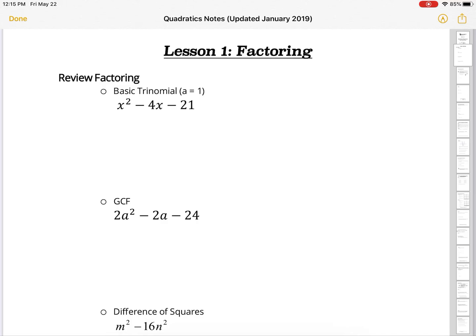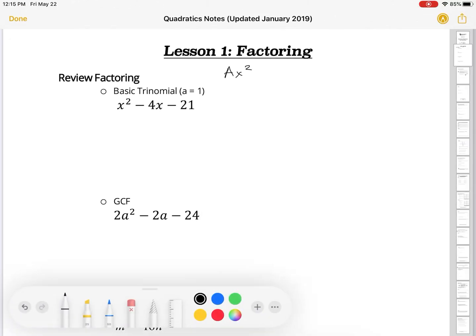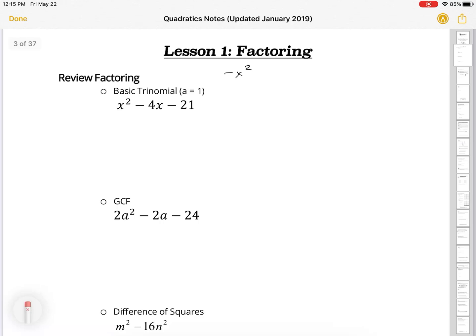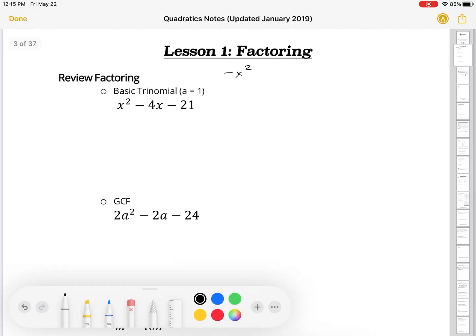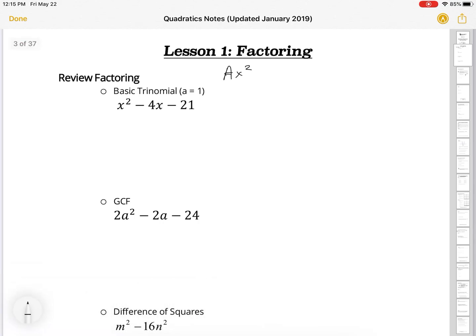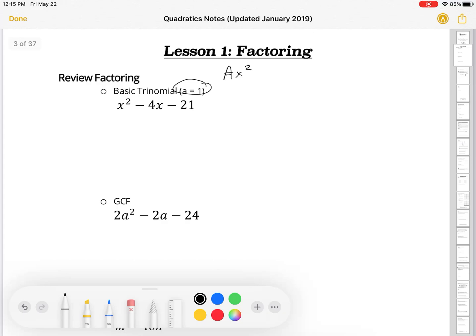So, first one, just dealing with the basic trinomial, where a is equal to 1 in our ax squared. So there is no coefficient other than a 1 in front of the x squared.